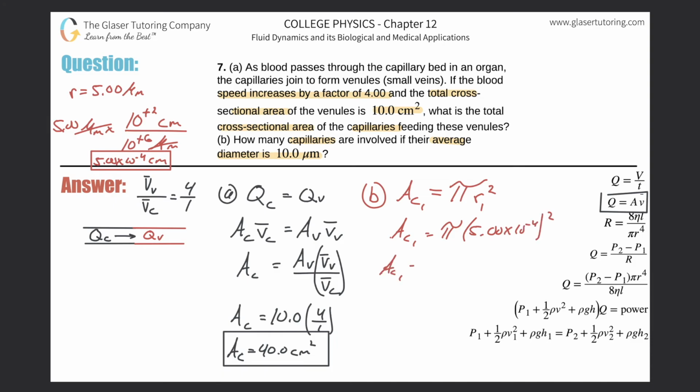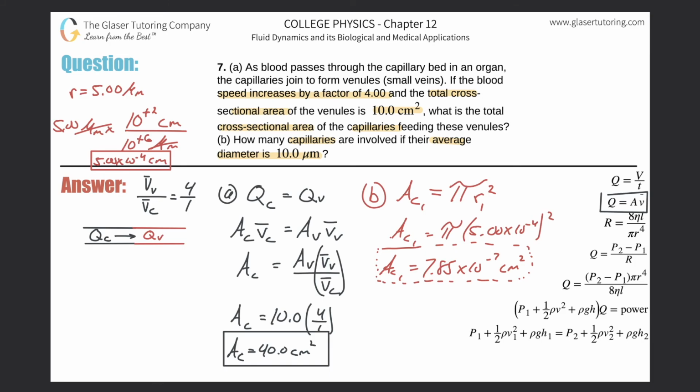So we get about 7.85 times 10 to the minus 7, and this is in terms of centimeters squared. Now this is not the answer. This is just the area of a single capillary.